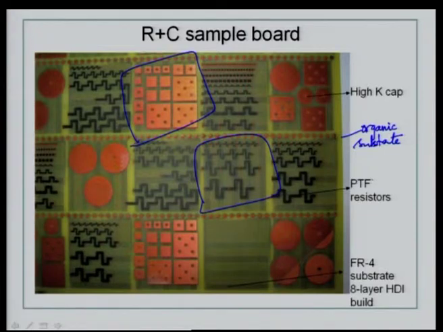This is a typical test board, and being a test board you could see various sizes of capacitors, a square, a circle, and then the geometry is a serpentine kind of structure, meandering resistor geometries, from large to very small geometries, and these are interconnected to inner layers of the 8 layer board. For test purposes you can see there are copper terminals at the end of the resistor pattern.